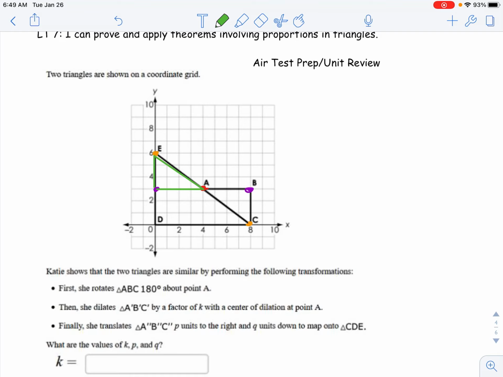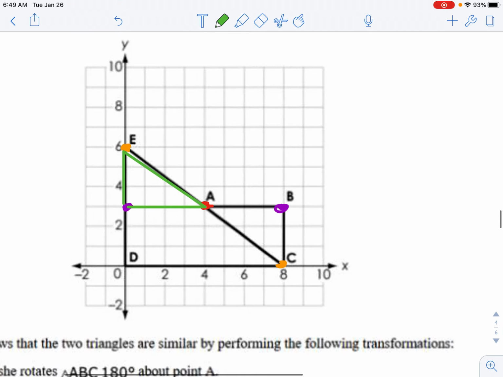So next, then she dilates triangle A prime, B prime, C prime with a scale factor of K with center of dilation A. Alright, so really just let's think about this. This length is 3.